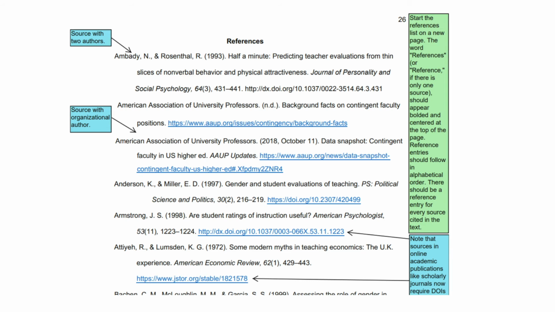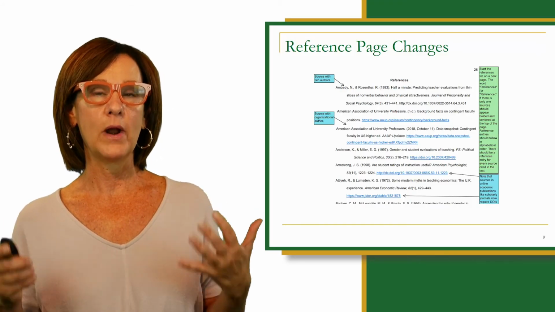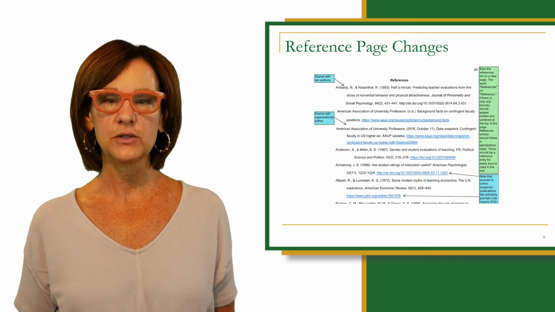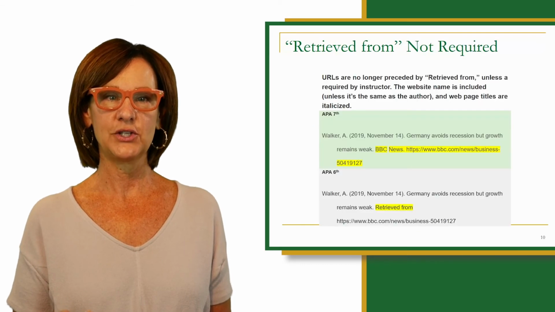Before with 6th edition, you did not bold that, just like you did not bold the title of your paper. But now you do. And so we wanted to make sure that you knew that. And again, always remember, which I always want to remind students, you never want to call it references page. It's just references. But now that term is bolded. So that's definitely an important change.